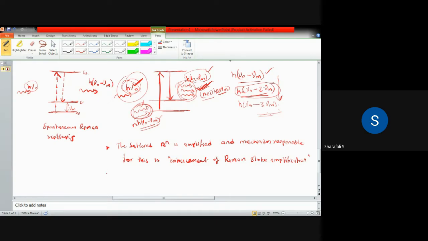Okay, so the line nu 0 minus nu m is very intense. This is a very important point, that the intensity of the light is high. So the nu 0 minus nu m line is very intense, and it can produce the nu 0 minus 2 nu m frequency.